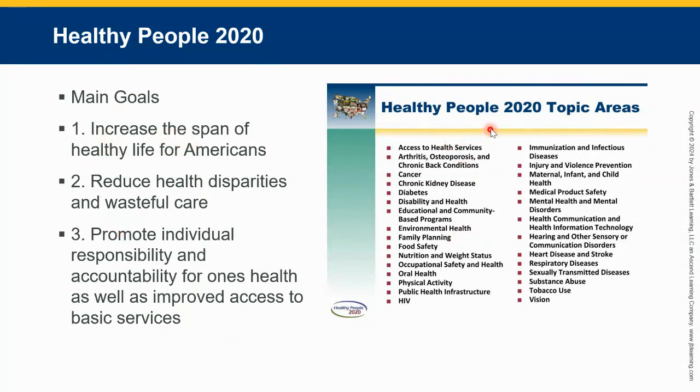This is Healthy People 2020 target areas. And you don't have to memorize this, obviously, but access to health services, arthritis, these are the topic areas that were addressed. Cancer, chronic kidney disease, diabetes, so some chronic diseases right here, education, nutrition, and weight status, substance abuse, tobacco, vision. So these are all topics.